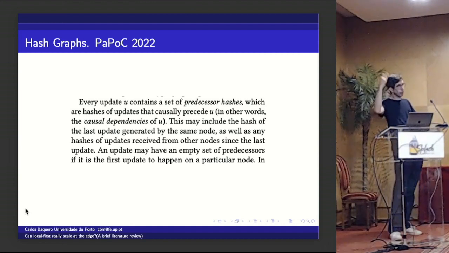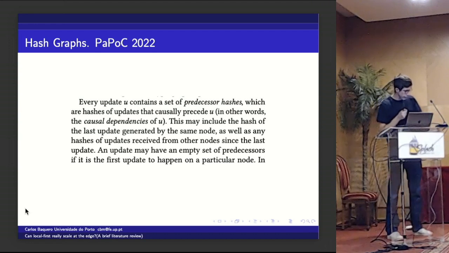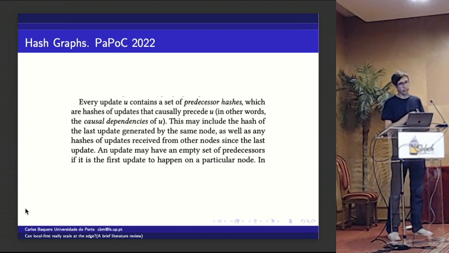Where does it differ from the previous system? In hash histories, it was the hash of the content. Here you have the hash of the update and the hashes of the things that preceded it. So you keep adding the hashes of the dependencies together with the update, and you hash the thing together. And this way you get a system with the same properties that you get in a blockchain, where you have this self-certification of what is happening.